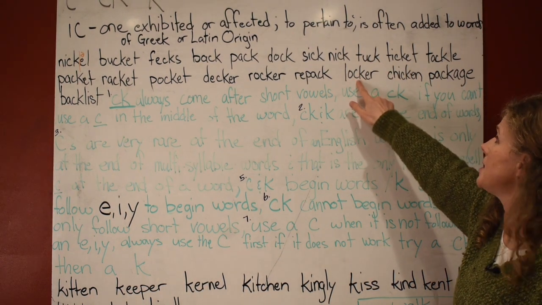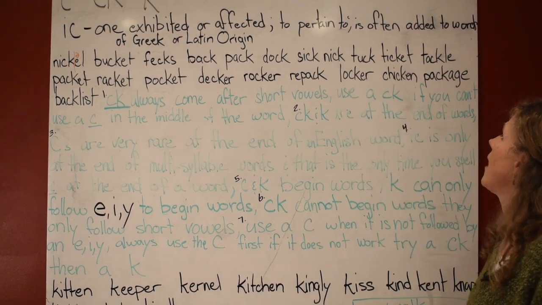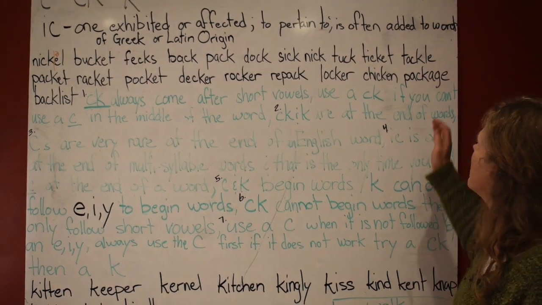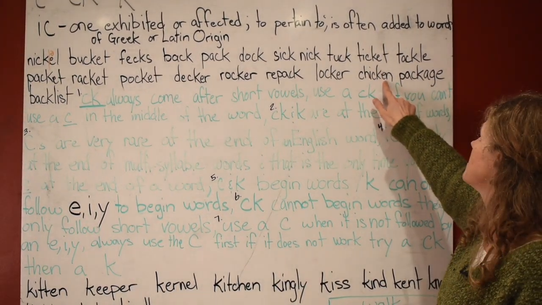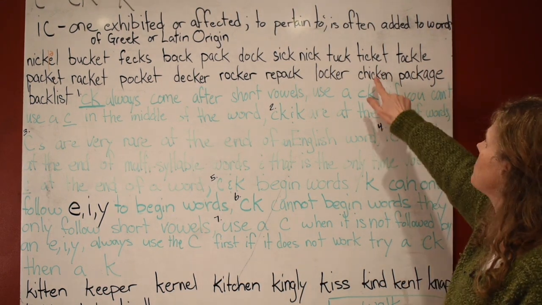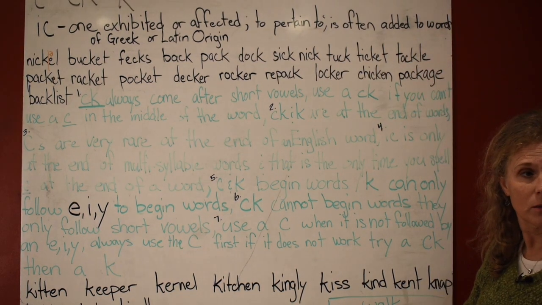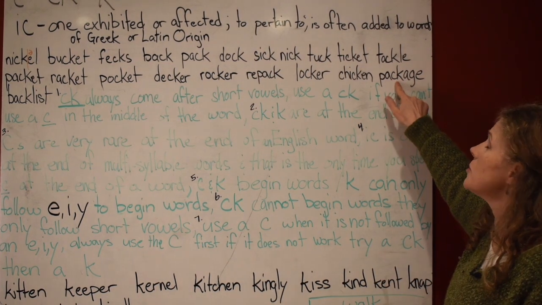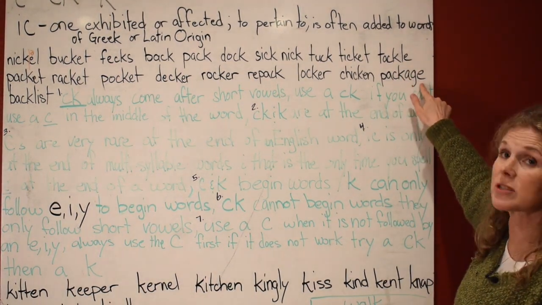This is a CK because this is the end of your base word and that's a short vowel. Chicken. CK because that is an E, I, or Y and that's a short vowel, so it can't be a C. But package, what's your base word here, Paul? Pack. So you are doing a CK because that's a short vowel. This pack is a base word and this is your suffix.